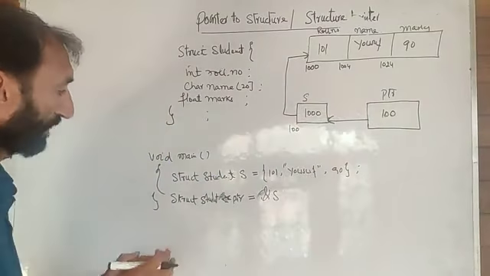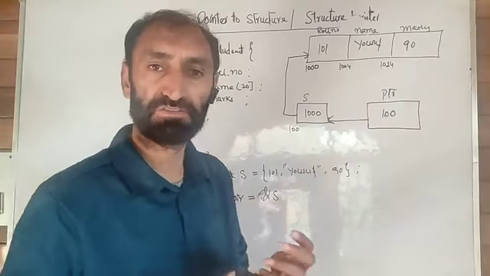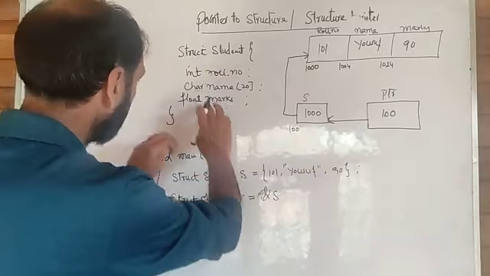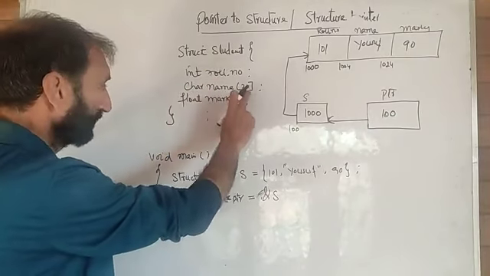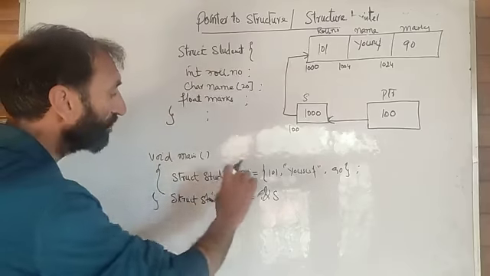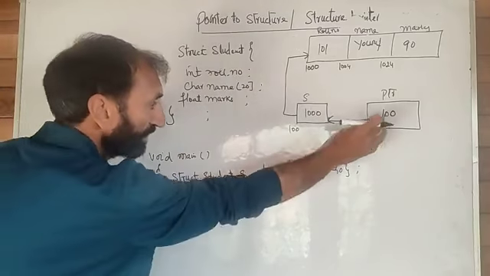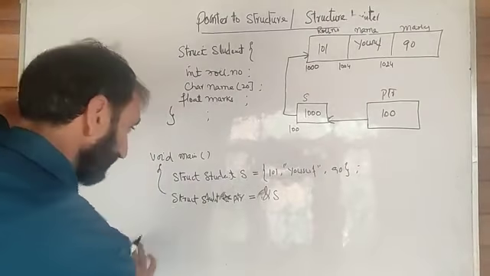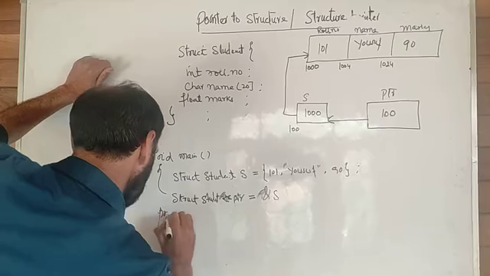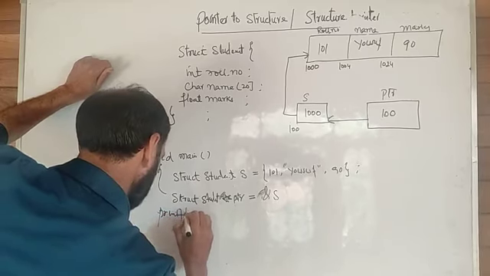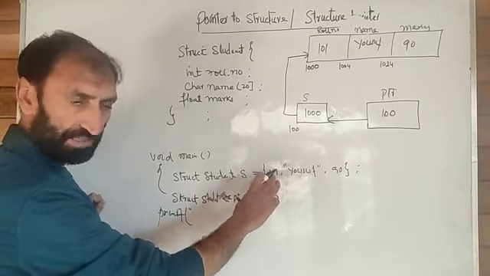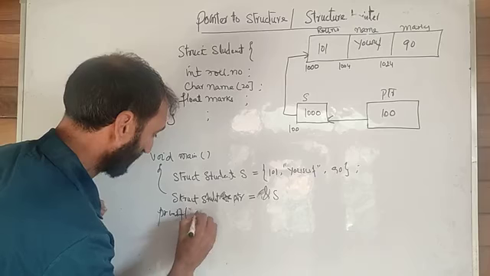So now, how can we access these variable members? Because S has 3 members: roll number, name, and marks. How can we access these members through this pointer? Take care. For example, the first is an integer. Okay, 101 is an integer. What is the format specifier of this integer?